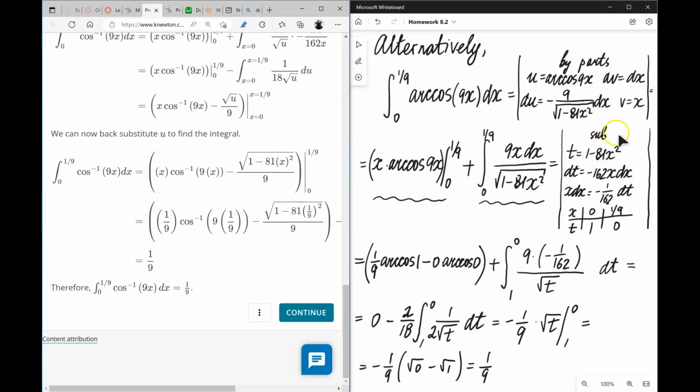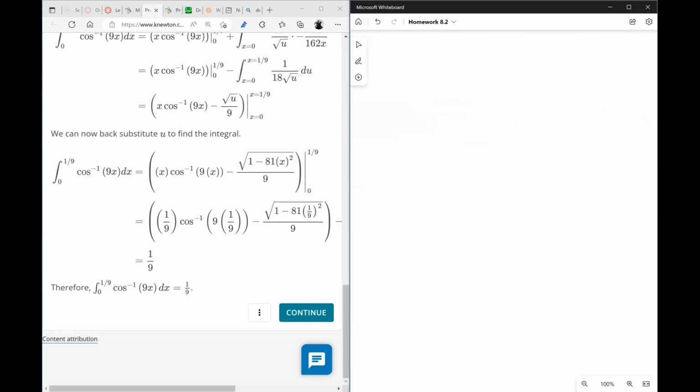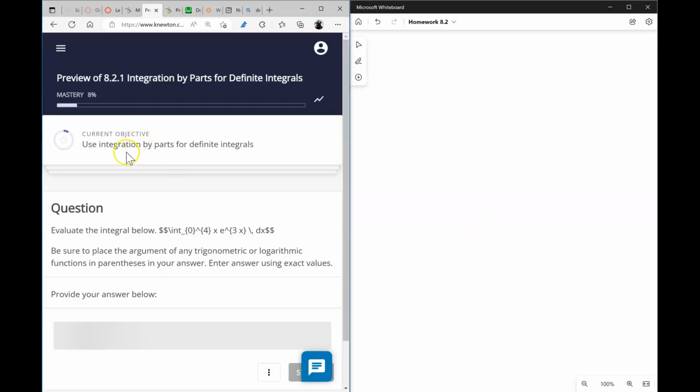They don't do substitution, change of limits for substitution, which kind of takes away the benefit of writing out the solution this way. Anyway, I like it. Hopefully you like it too. Now it's just a matter of you learning how to write it all out carefully. So let's continue to the next problem.